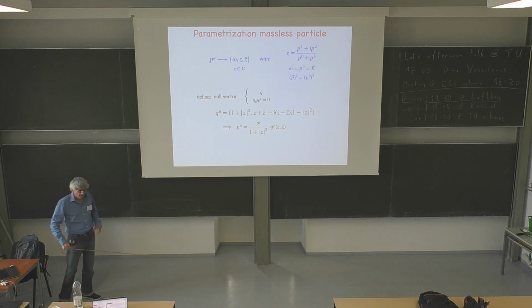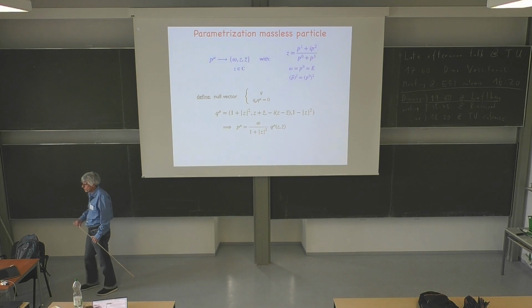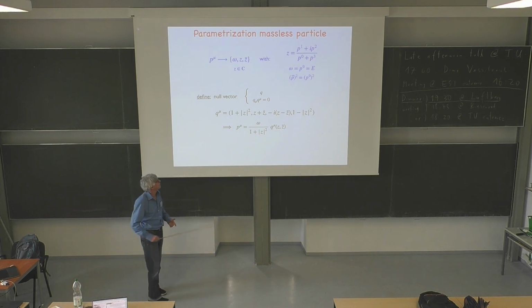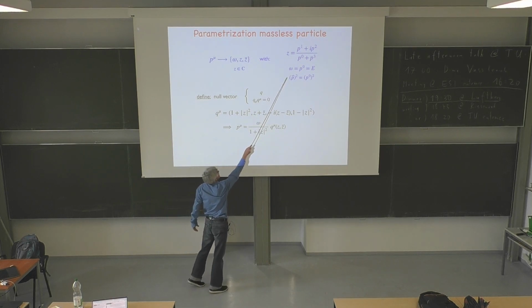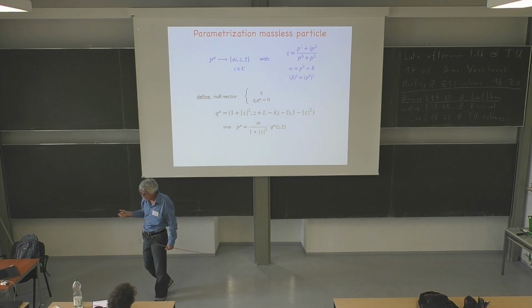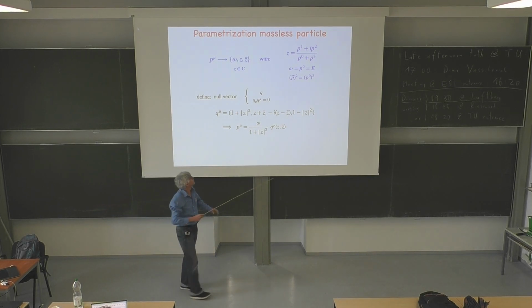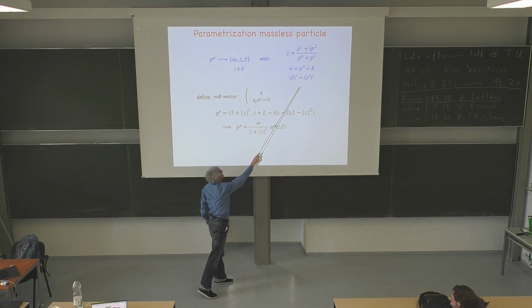Now, I will only discuss massless particles. As I said, the massless particle at some point will hit the celestial sphere, and you can compute the coordinate where it hits the celestial sphere. So you have a massless particle in 4 dimensions, which is given by a 4-momentum p. So it fulfills the massless condition.